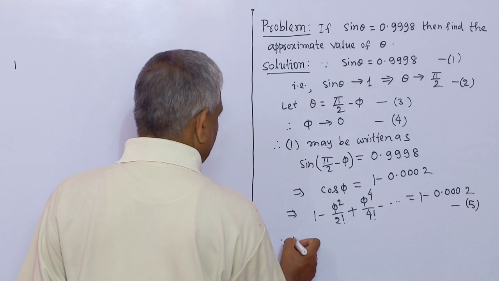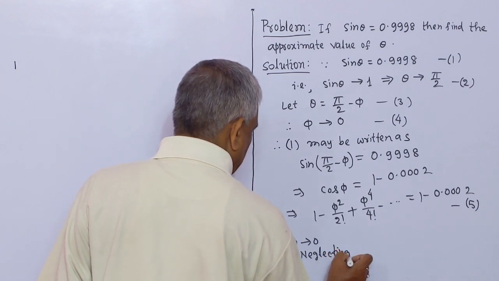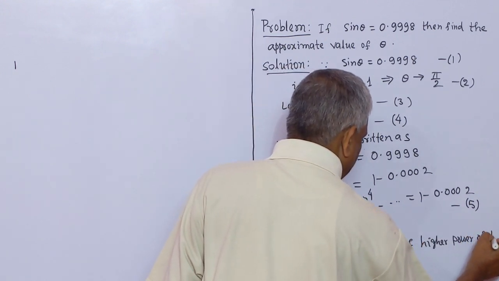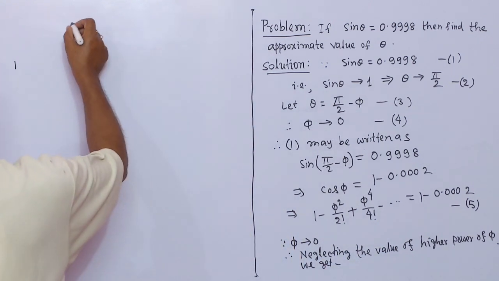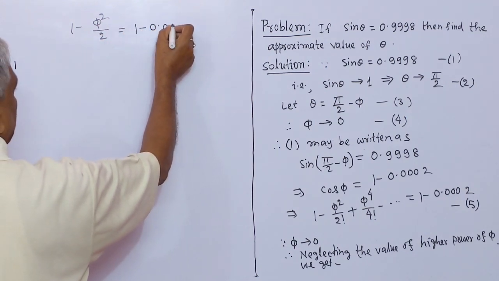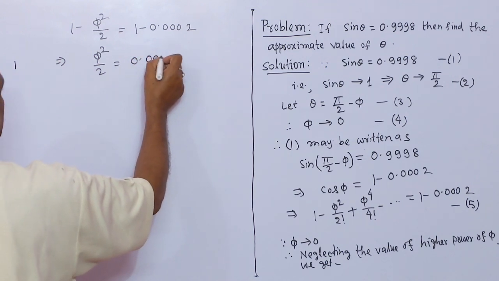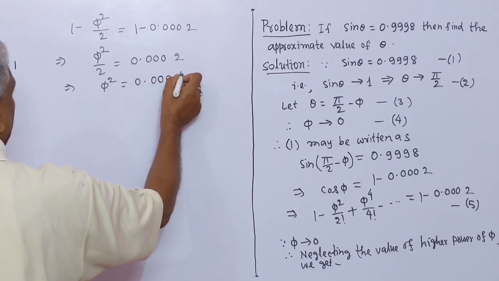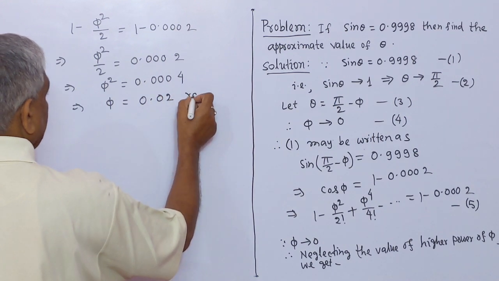Since phi tends to 0, that is, very small, neglecting the higher powers of phi, we get 1 minus phi square by factorial 2, meaning 2, equal to 1 minus 0.0002, which implies that phi square by 2 equals 0.0002, which implies that phi square equals 0.0004, which implies that phi equals the square root, this is 0.02 radian.